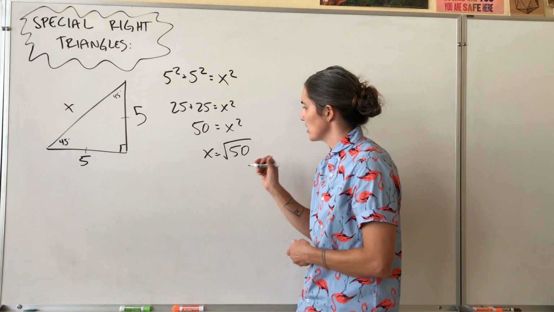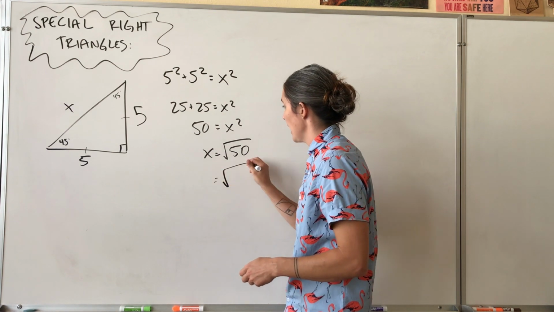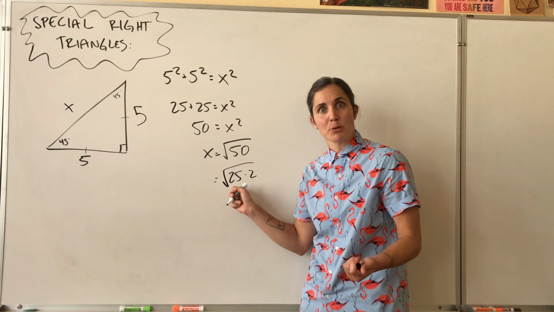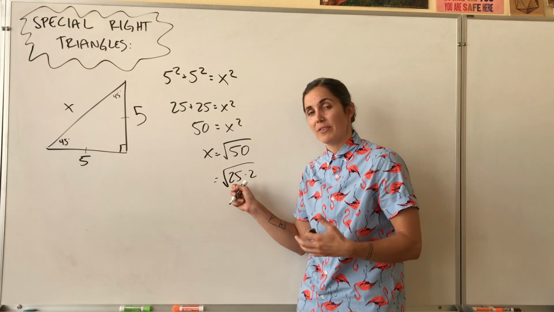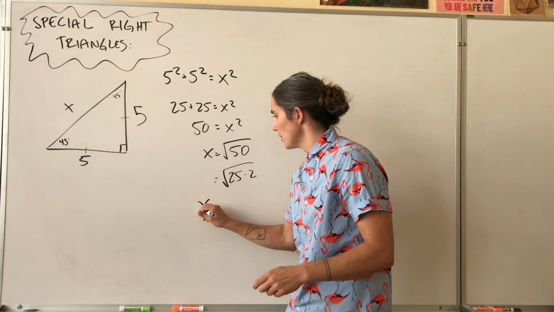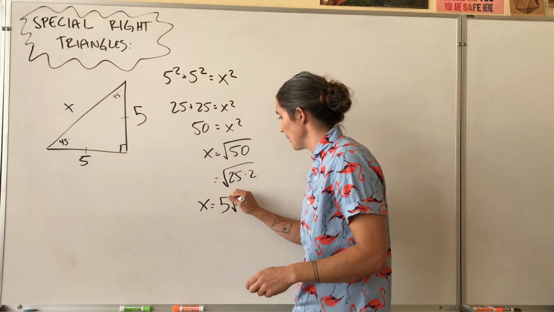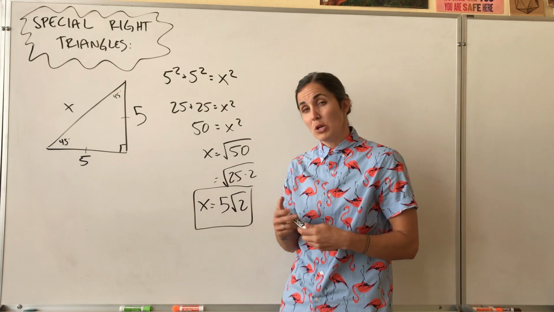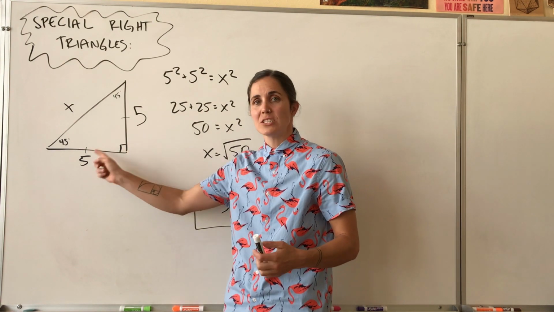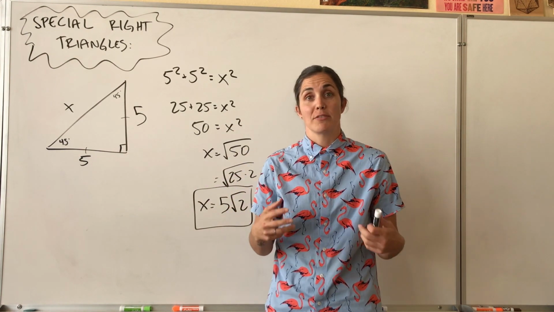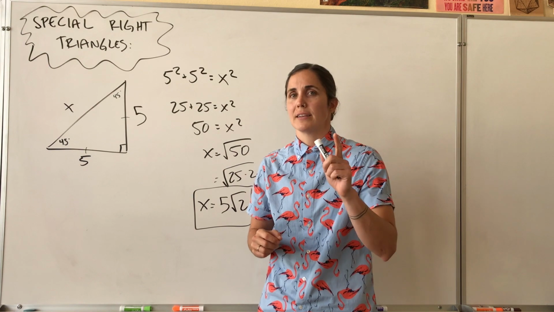So to simplify this radical, I can think about it as 25 times 2, where 25 is a perfect square, right? The square root of 25, we know, is 5, which allows me to simplify this hypotenuse as 5 root 2. Notice the legs were both 5, and the hypotenuse now is 5 root 2.